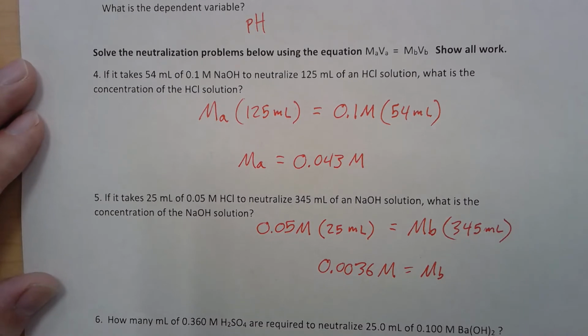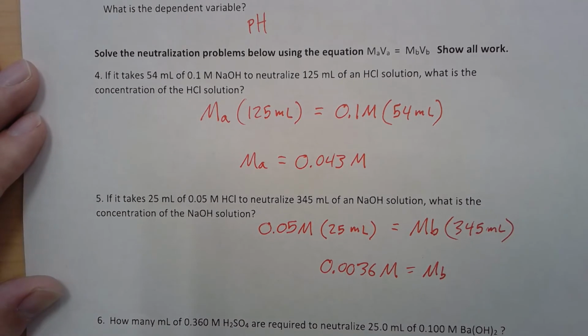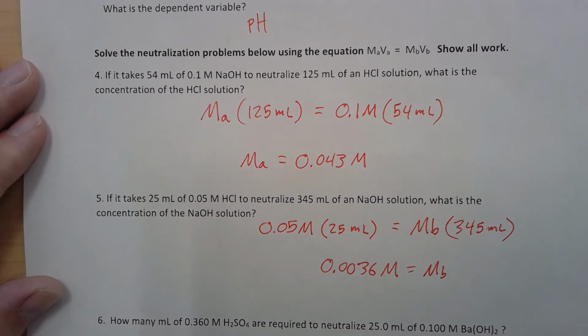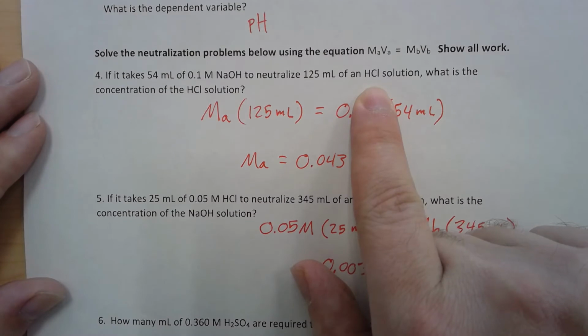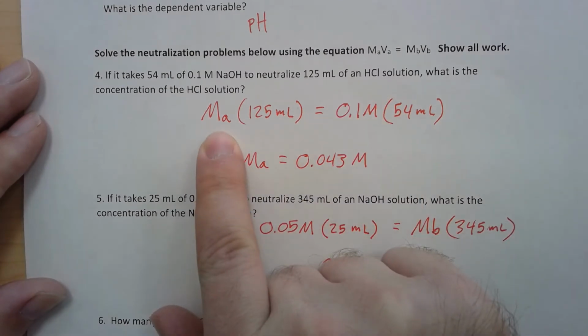So number 4 says, if it takes 54 milliliters of a 0.1 molar sodium hydroxide solution to neutralize 125 milliliters of an HCl or hydrochloric acid solution, what is the concentration of the HCl solution? Okay, so the unknown here is the molarity of the acid. So that's Ma.